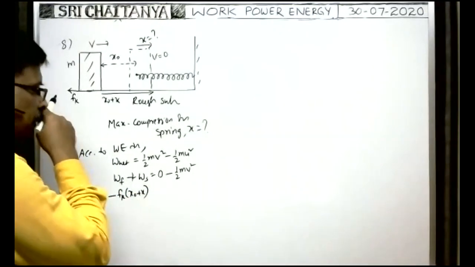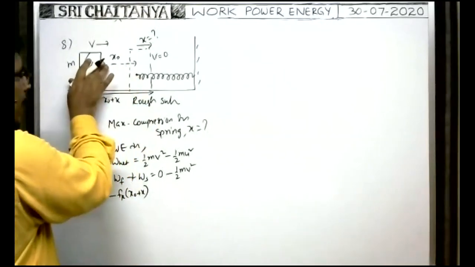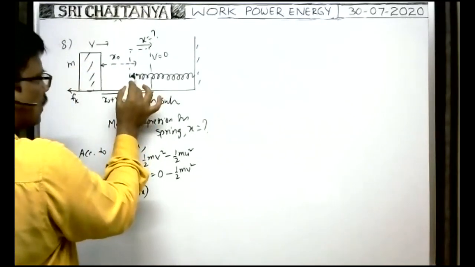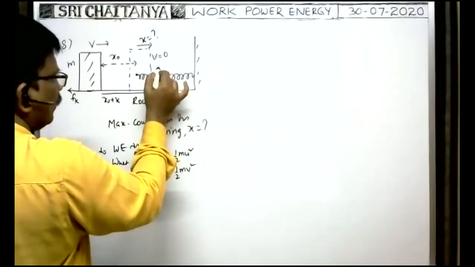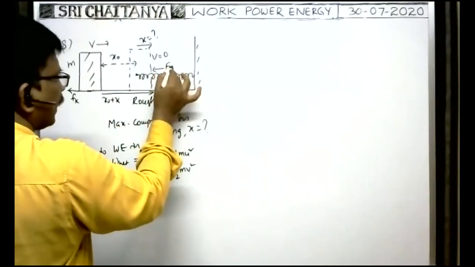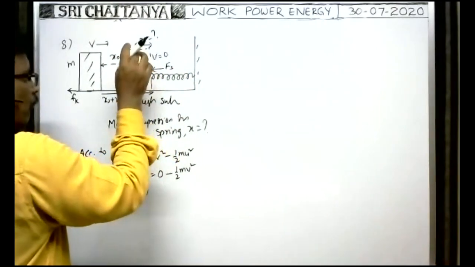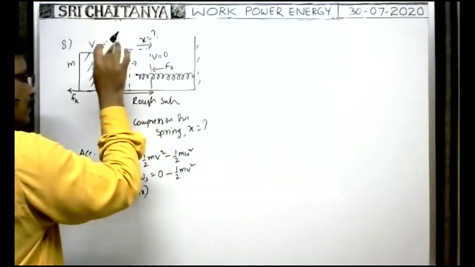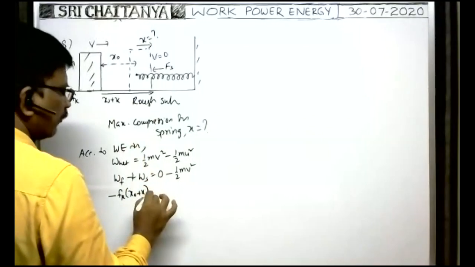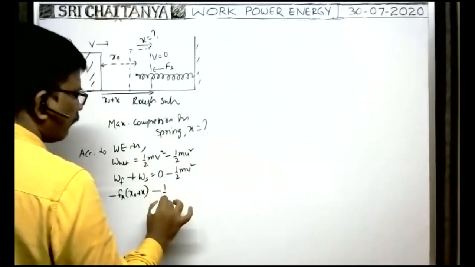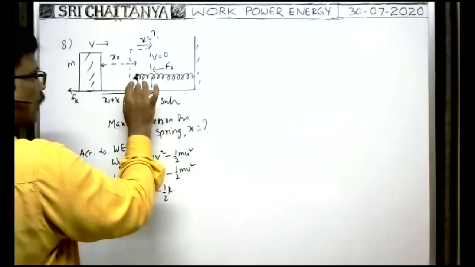What is the work done by the spring? When the block comes in contact with the spring and starts compression, the spring force acts in this direction, against the motion of the block. So the work done by the spring force on the block is negative, minus half k x square, where x is the compression of the spring.